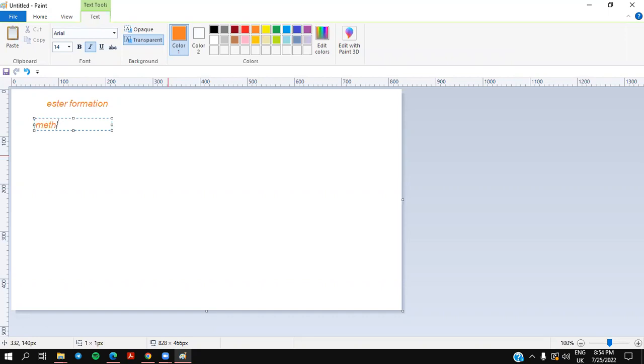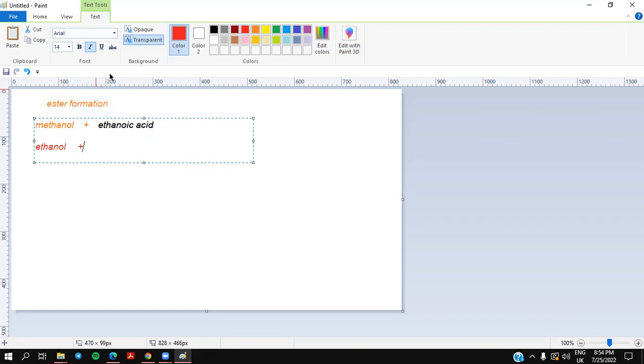First one, let me take methanol. Methanol, if reacted with a carboxylic acid, I'll give the name of a carboxylic acid, ethanoic acid. Ethanoic acid. And then I'll go to another alcohol. This time I will take ethanol.